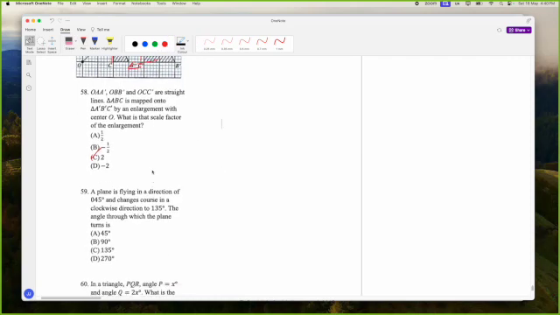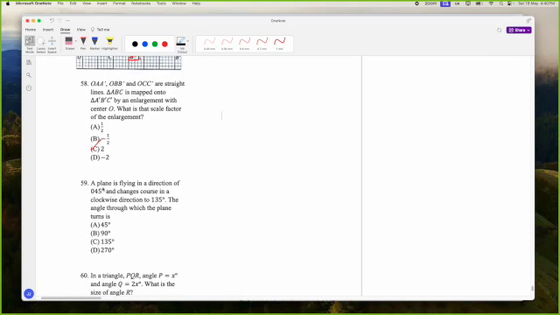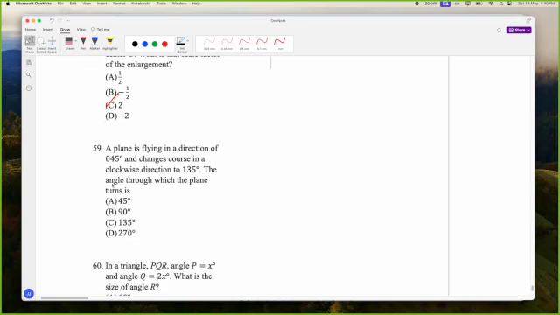That's not possible, right? A plane is flying in the direction of 45 degrees. All right, so let me just say this is north. Ooh, a bearings question. A plane is flying in a direction of 45 degrees.